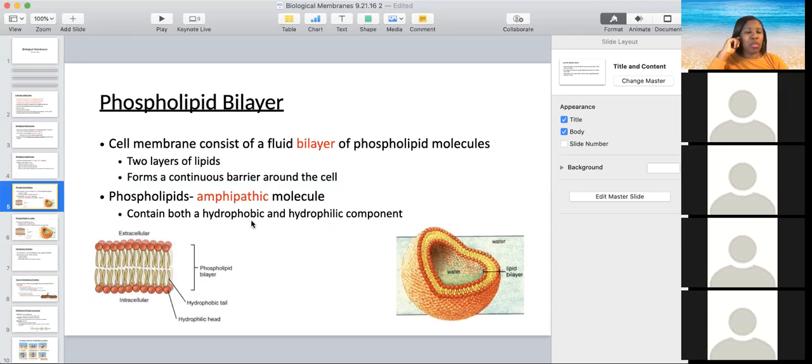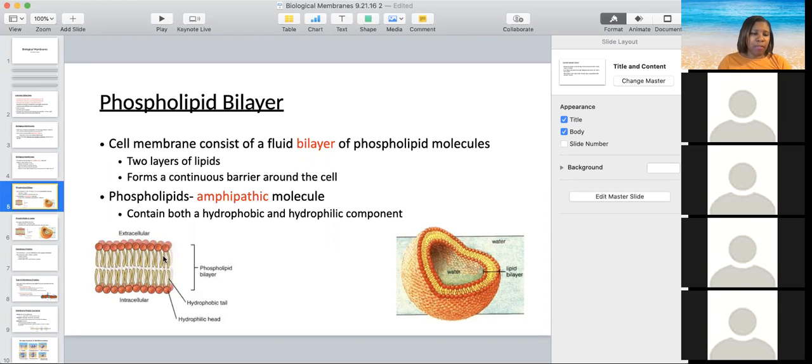Hydrophobic and hydrophilic means that on one end, the head of the phospholipid readily interacts with water. So this is going to be facing that external environment, because outside of the cell is going to be an aqueous environment. So we have these hydrophilic heads on the phospholipid. So this is one phospholipid molecule right here, if you see my mouse. Okay, this is one phospholipid molecule.